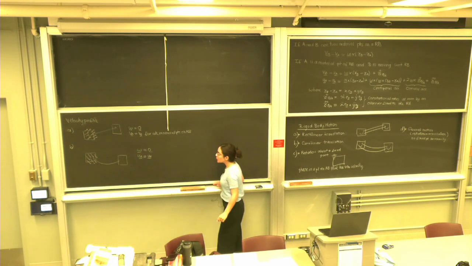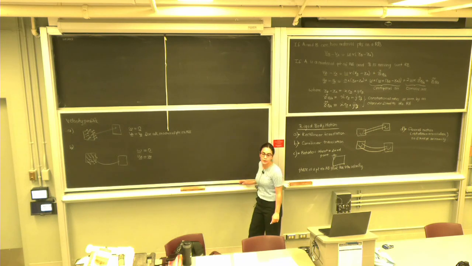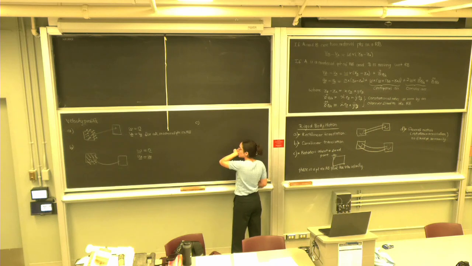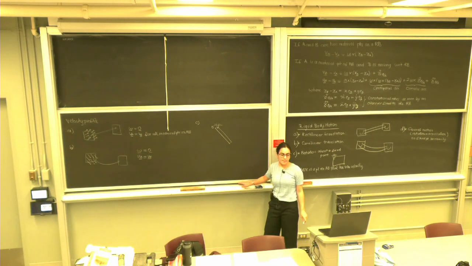Now, it becomes more interesting when we're looking at something that's rotating. If I have, say, a bar rotating about a fixed point O, how can I draw the velocity profile of this bar? Yes?